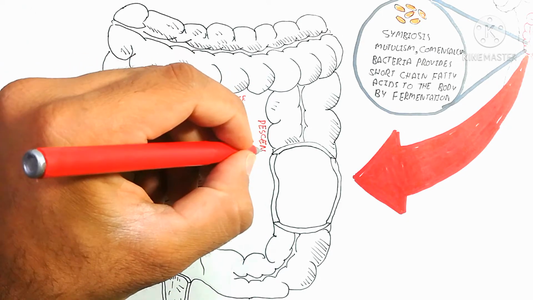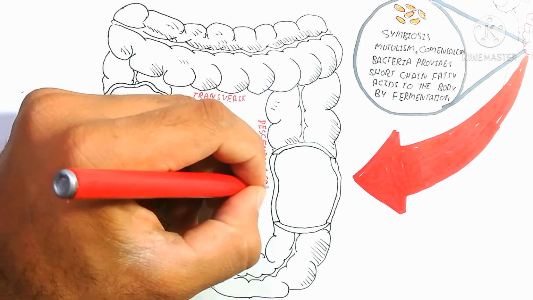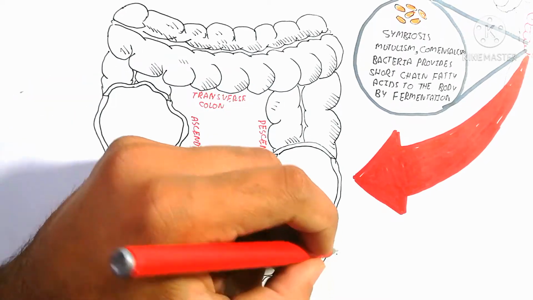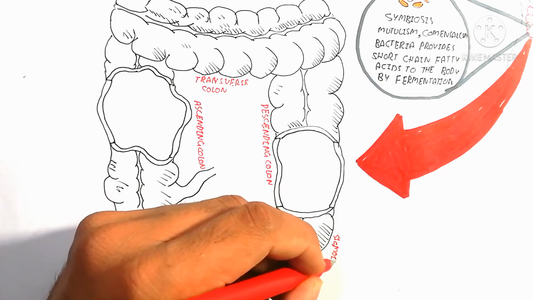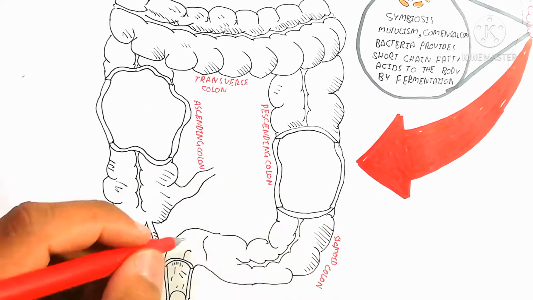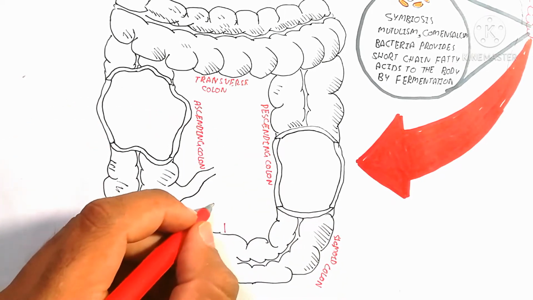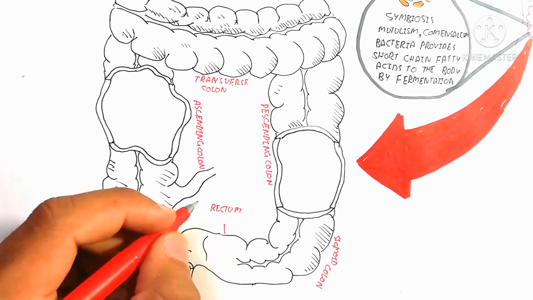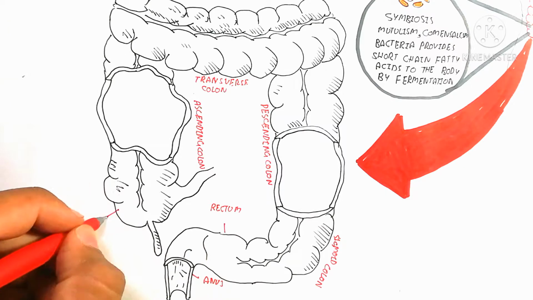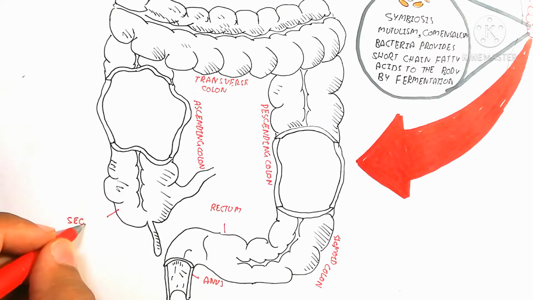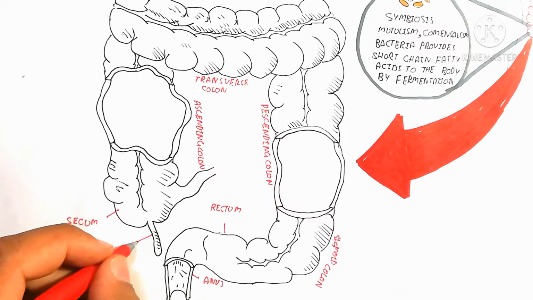Ascending means going upward, and it comes from the small intestine, which attaches here. Then there is the transverse colon, and the transverse colon gives the descending colon, which goes downward. So here is the sigmoid colon, which has a sigma shape.